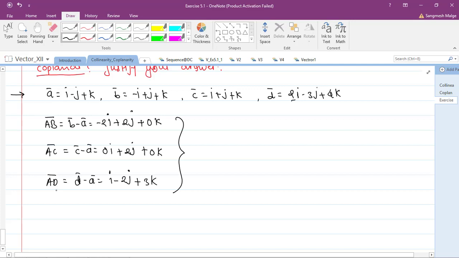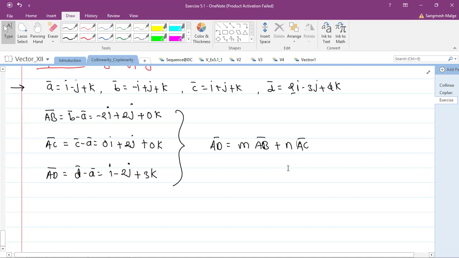We'll show that AD bar is equal to m AB bar plus n AC bar, and find the values of m and n. If these values are unique for all three i, j, k, then the given vectors are coplanar, otherwise not.